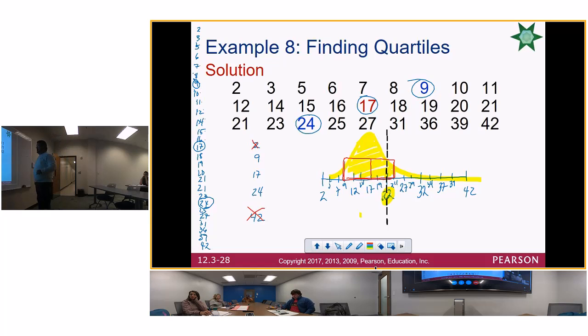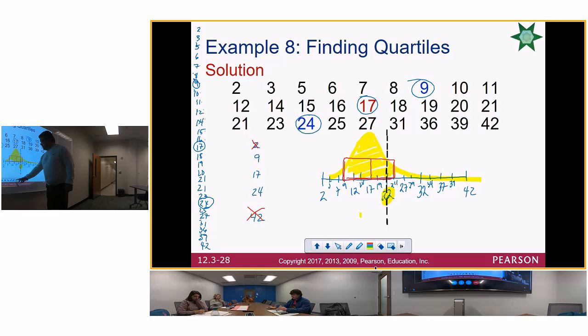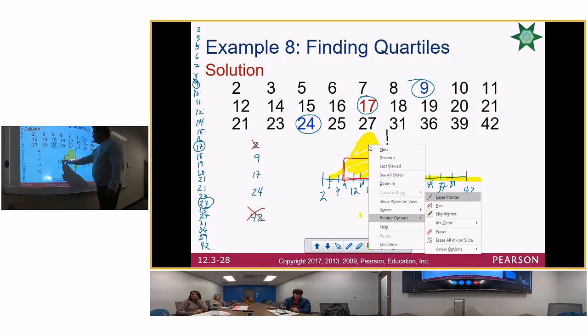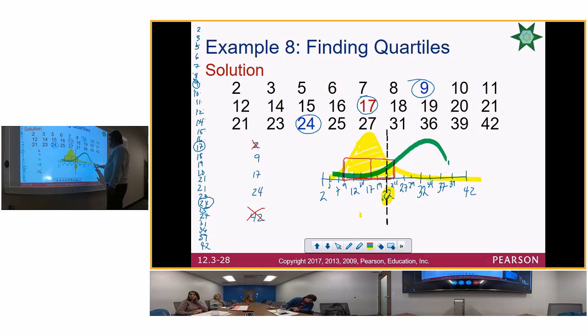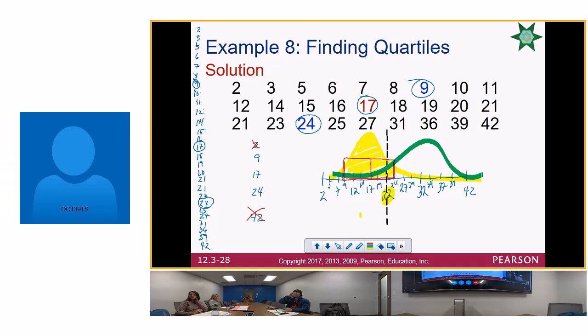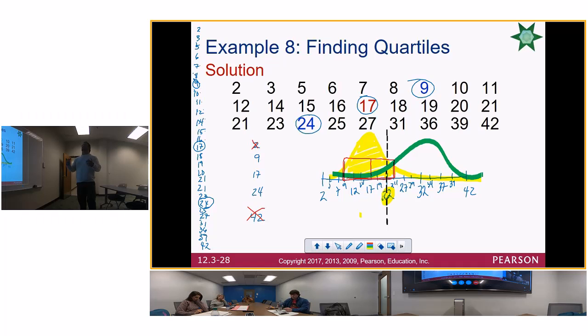Now, what's the other alternative? Let's say we have this, and I'm going to do this in green. Okay, you with me? What if we have this? All the data is on the right. That means the grades were good. That means the grades were very good. Maybe too what?